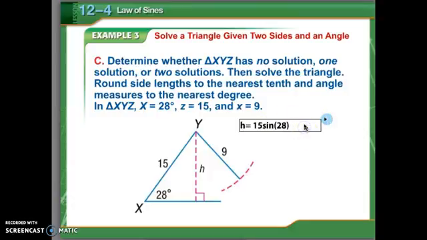And when we put that in our calculator, that's going to tell us that h is about 4.1. And since this height is less than this side, that means this triangle is possible. So we're going to pick up in the next video to figure out the rest of this problem.